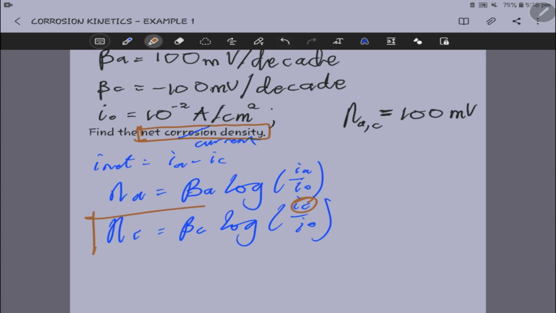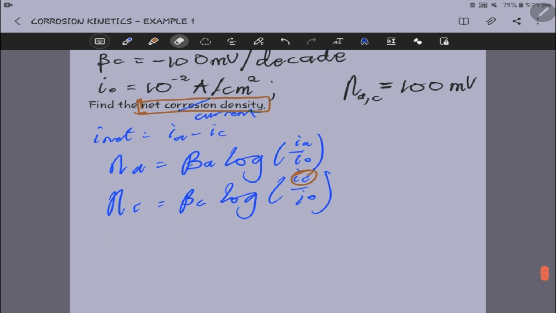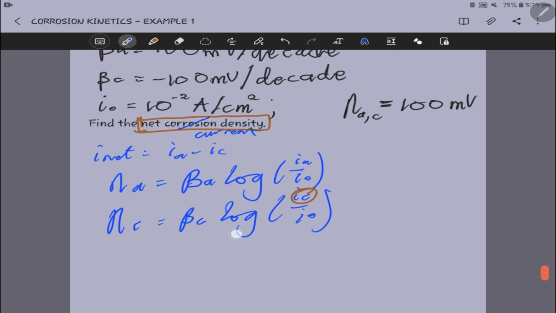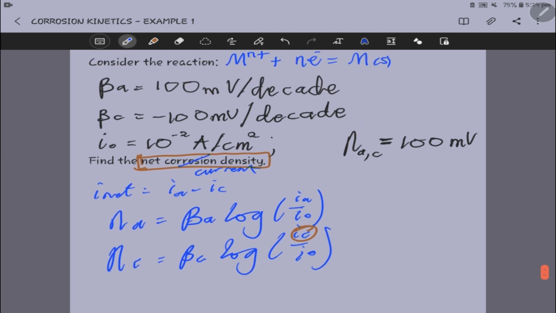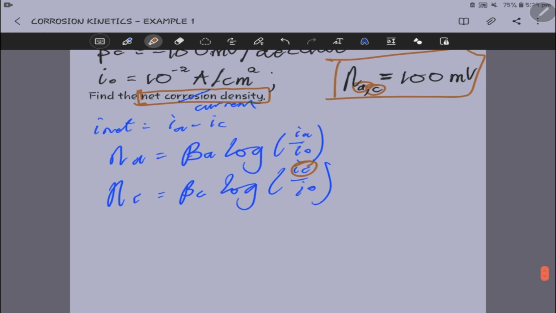But when we get to the cathodic, we look at something very subtle but very important. We've been given the anodic overpotential, which is this, for both anodic and cathodic. That means we have 100 millivolts, and the units are very important.